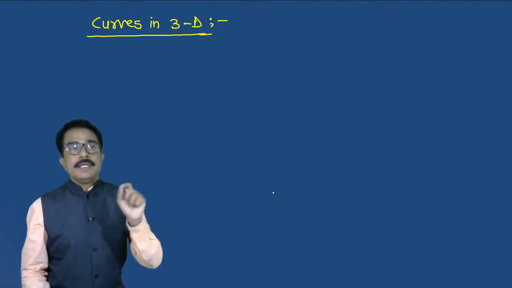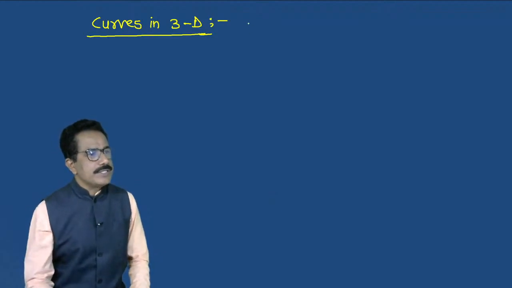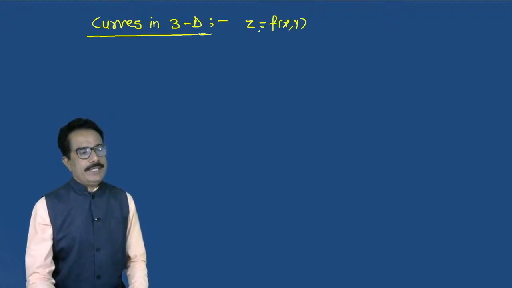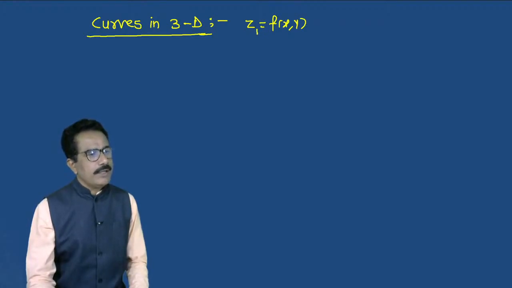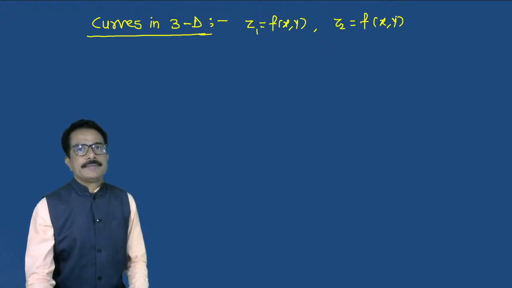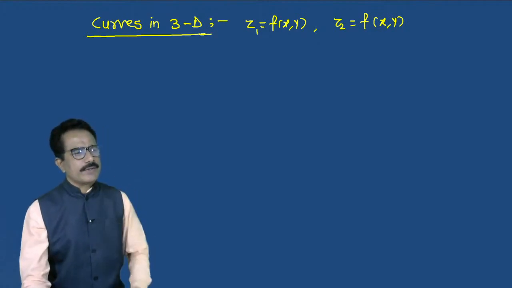If there is a function in 3 dimensions, then we consider the function z is equal to f of x comma y. This is one function. Suppose z2 is equal to g of x comma y, another function. There are two different functions.